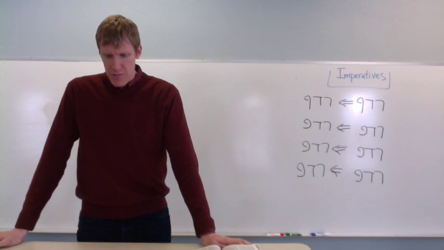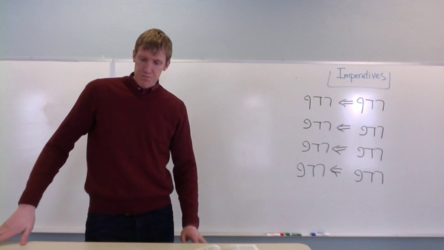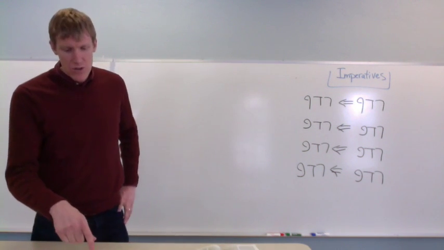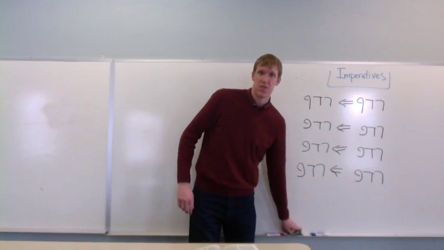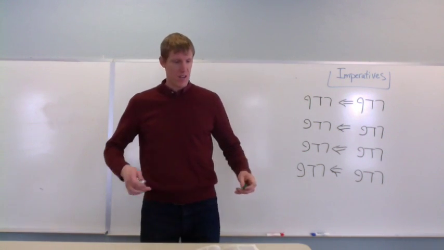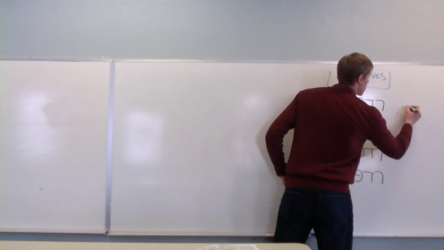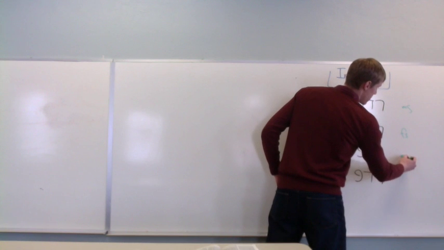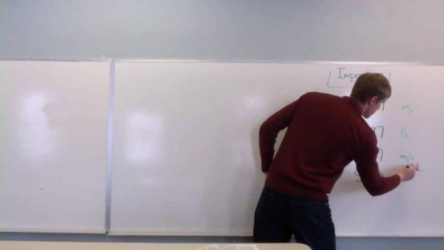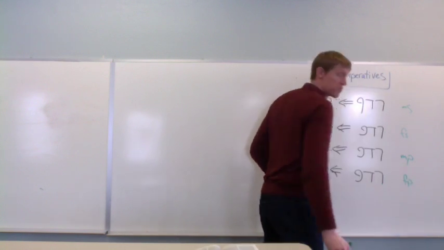And the way that an imperative is formed helps us understand how to distinguish between those 4 options. So, for instance, here, this is our masculine singular, feminine singular, masculine plural, and feminine plural here.